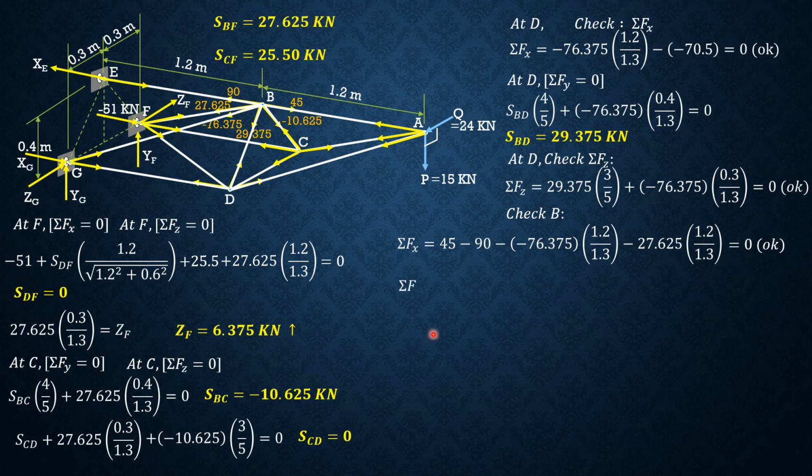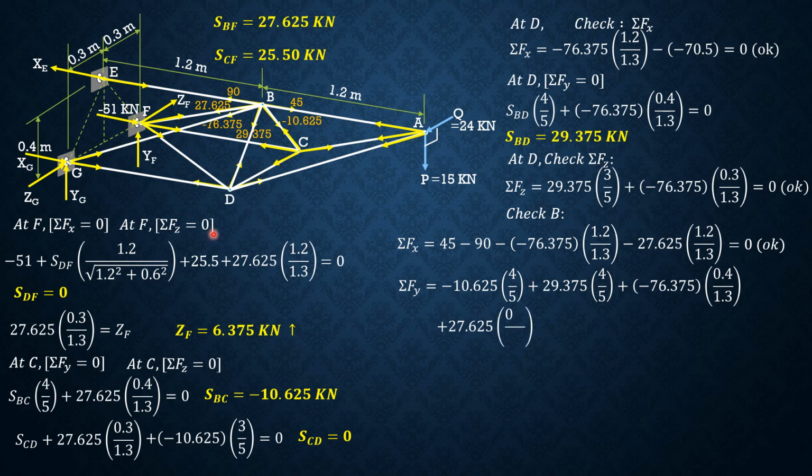So okay. Summation forces Y, downward positive: negative 10.625 times 4 over 5 plus 29.375 times 4 over 5 plus negative 76.375 times 0.4 over 1.3 plus 27.625 times 0.4 over 1.3. So computing, summation forces y is exactly 0, so it also balances.